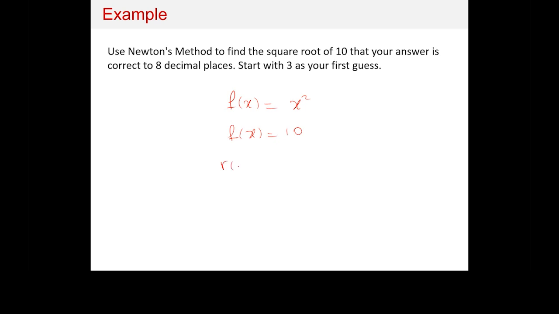So the residual function in this case is going to be x squared minus 10. And the derivative of the residual is going to be 2x. And the initial guess is 3.